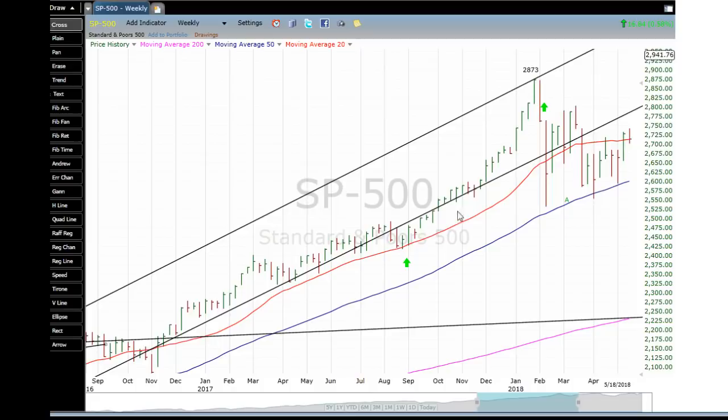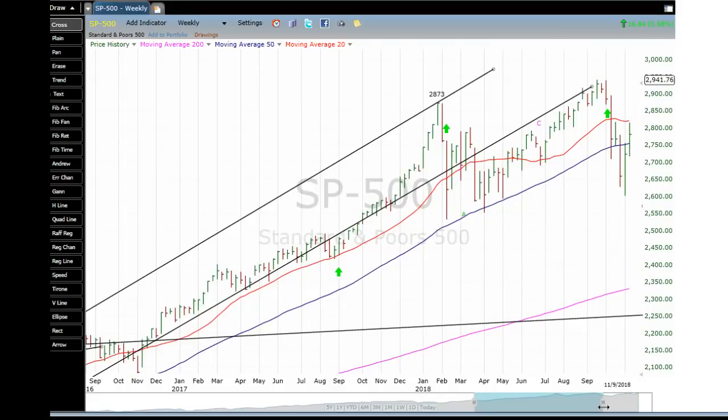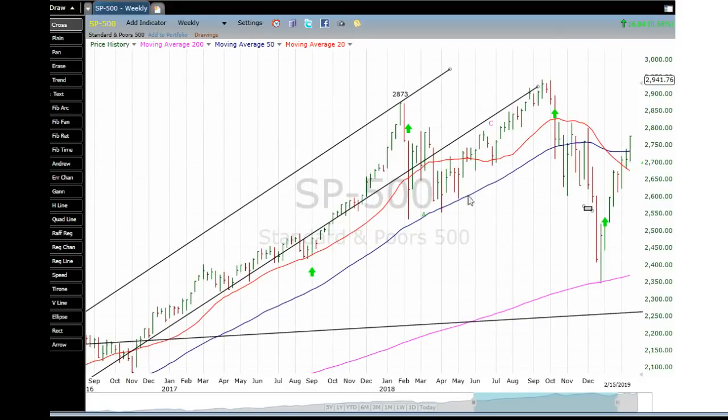perpetuates the blowout move into January. Remarkably, even that knife down, that plunge down from the high here in January 2018, does not satisfy 3 consecutive lower weekly lows.